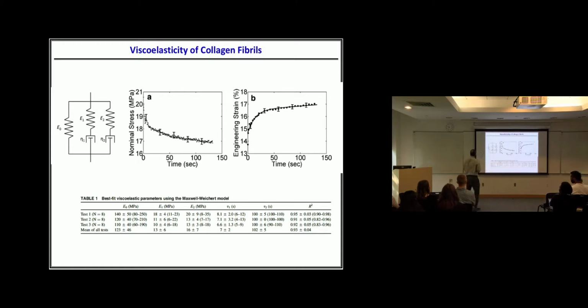So the model to describe it is some backbone elasticity and two different time constants. These time constants are given here. They are of the order of 8 seconds and 100 seconds. So you see there is a really fast relaxation, then a slower relaxation. Maybe one of the crosslinks breaks really fast, but the second type of crosslinks break slowly. So it gives you insights into the physics.